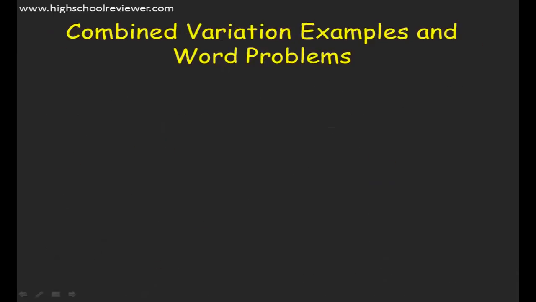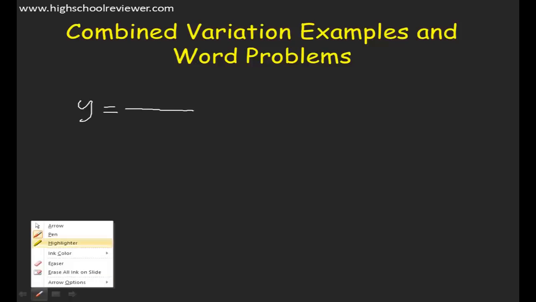Combined variation examples and word problems. Here are some examples on how to write combined variation equations. So our first example, y is equal to. Now always remember that when writing combined variation equations, the right side is always a fraction. So there will be a numerator and a denominator.